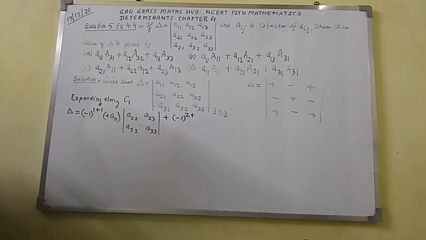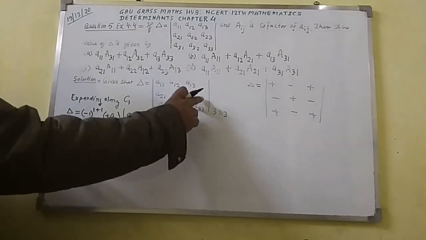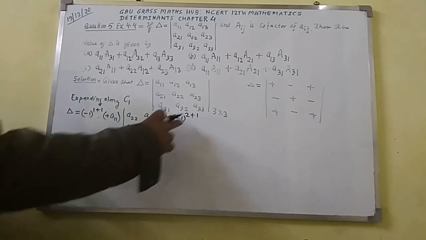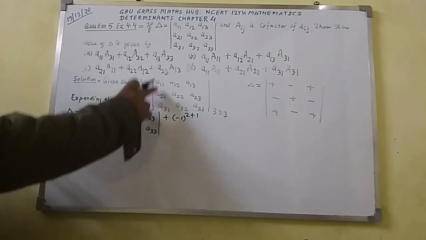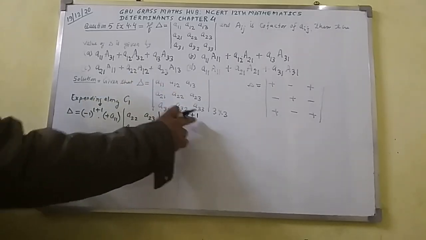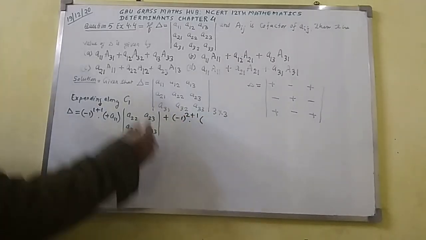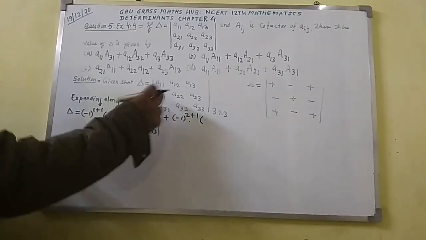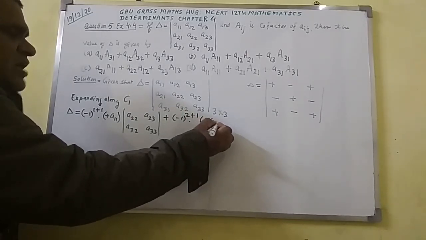Since a21 is there in the first column, for the first column I shall write here 1. Here I shall write plus a21.